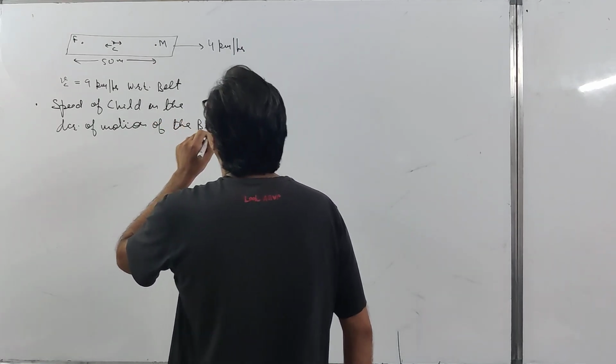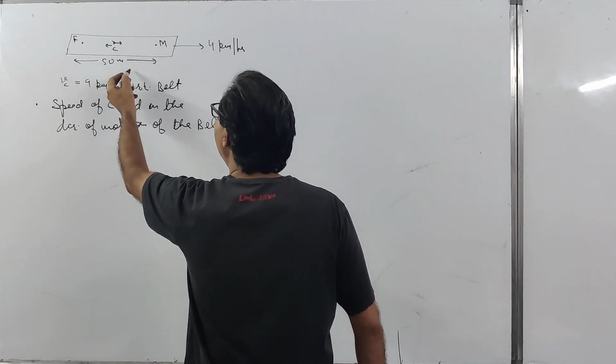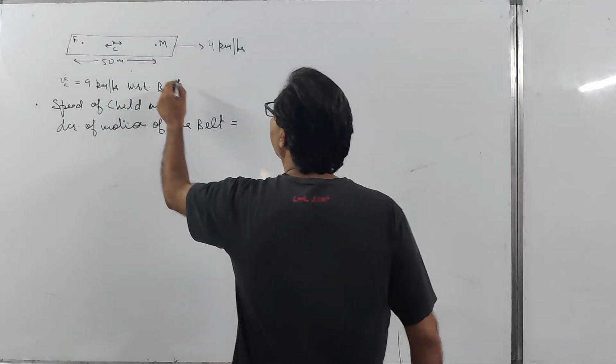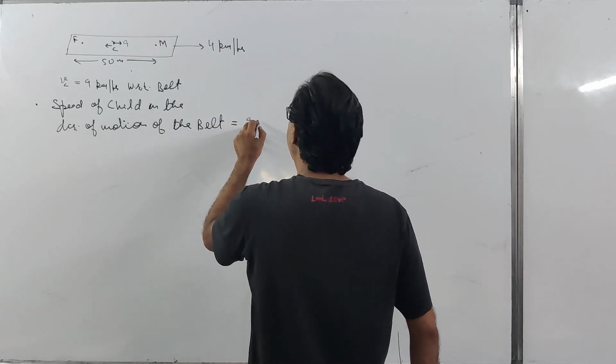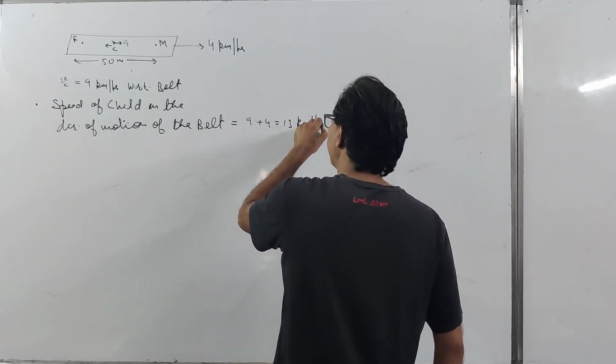How much will this be? This is 9. It means with respect to a person outside, it will be 9 plus 4 equal to 13 kilometers per hour.